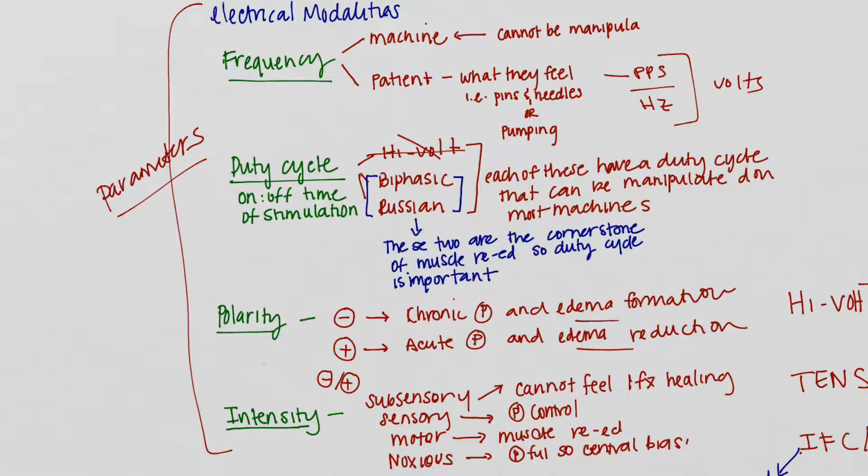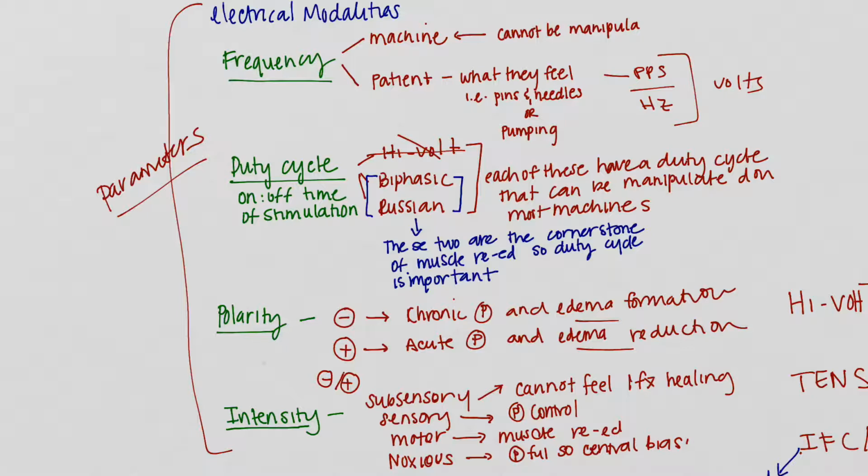On the sensory side of things, this is just when the patient can actually feel it. Most oftentimes, this is used in pain control treatments, specifically the gate control theory of pain. You have motor, which means you actually want to see a motor response, right? I know I just had you guys for lab, and one of the things that I saw is when you put the muscle re-ed stim on and we got the motor contraction, one of the things that you didn't do is have the patient contract, but the motor is simply stating that we want to see a motor response.